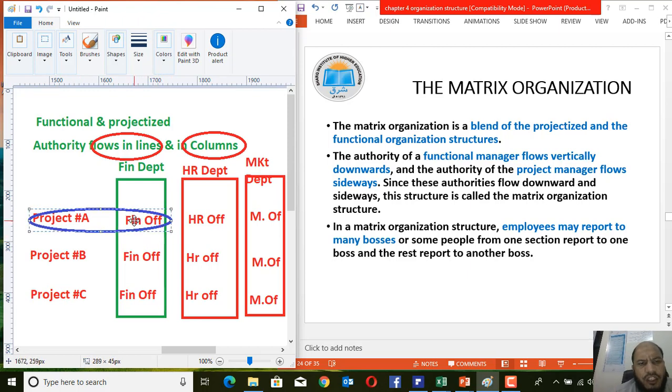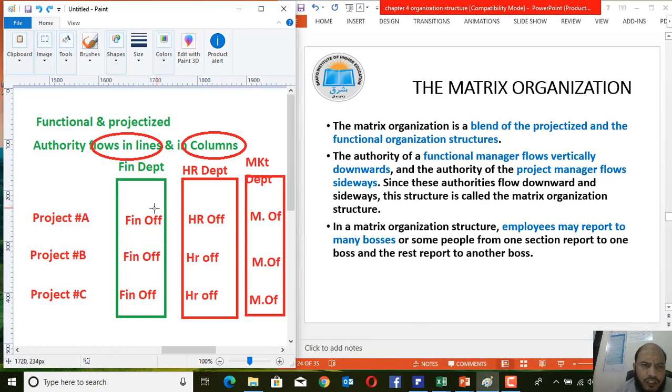This person is directly responsible to the project A manager, but at the same time the same person is responsible to the finance department too. So we may say authority flows in lines and also in columns. Here the person is responsible in two areas: in lines he is responsible to his project manager, and in columns he is responsible to his functional department.